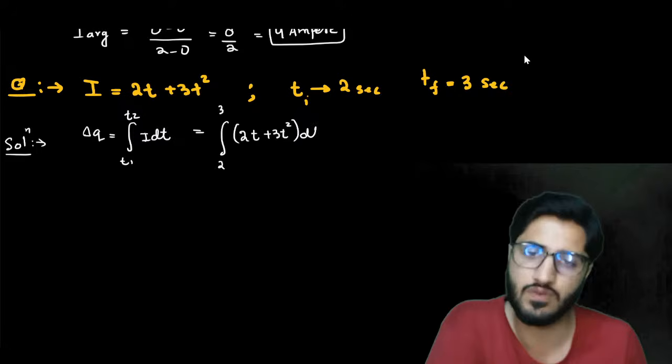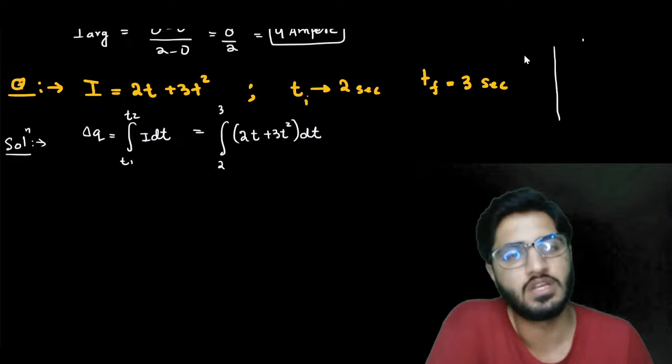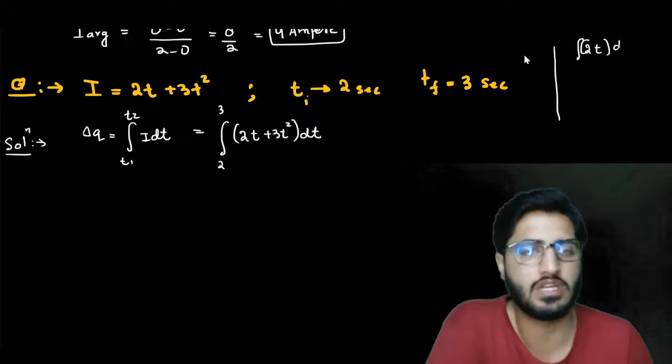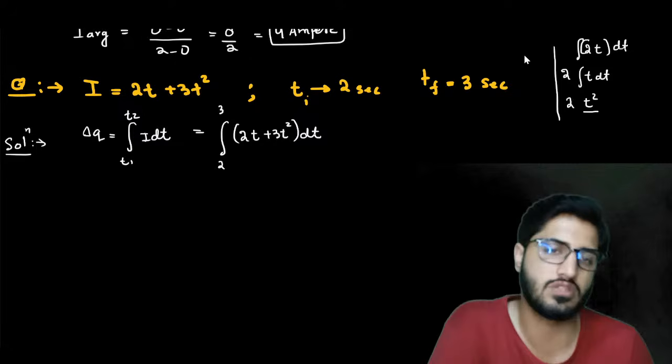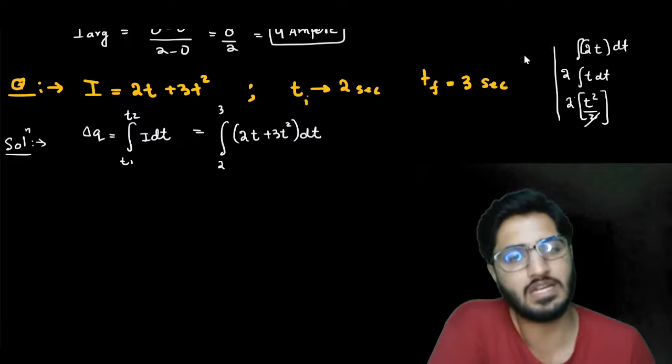Integration of 2t with respect to dt: 2 is a constant, I will take it outside. Integration of t dt is t square by 2. The 2 cancels out, so it is t square only.